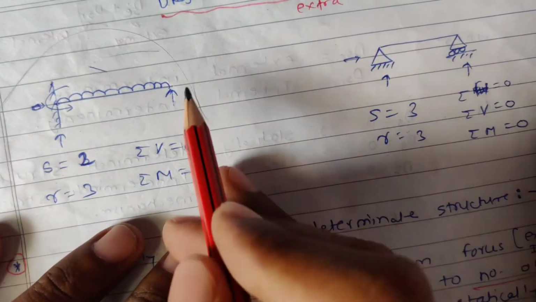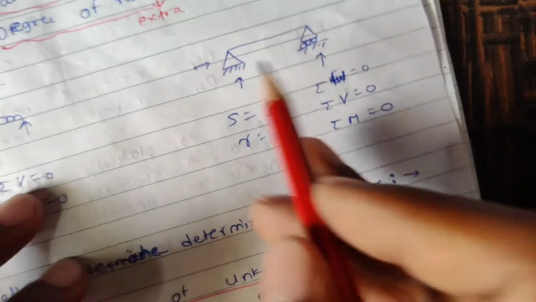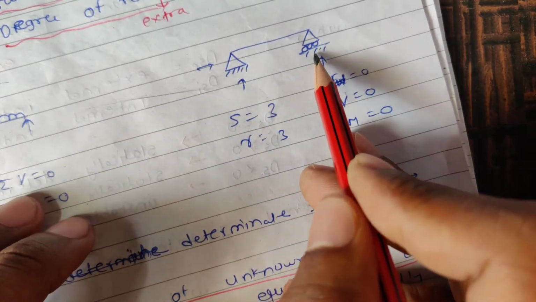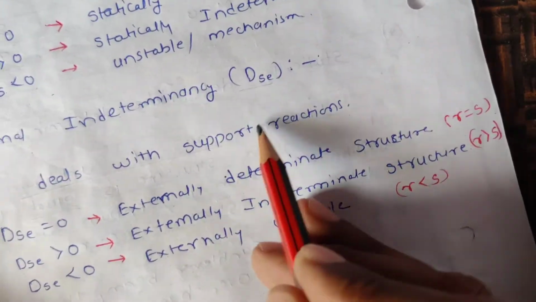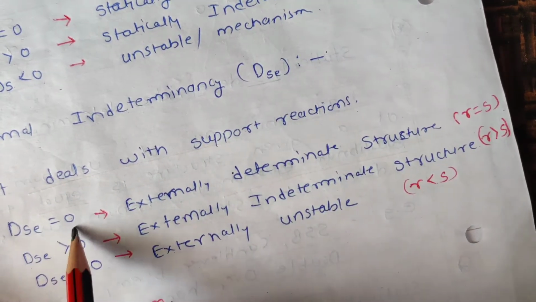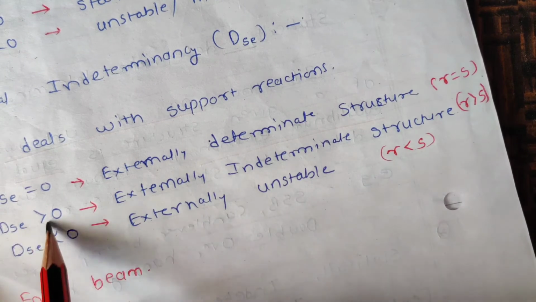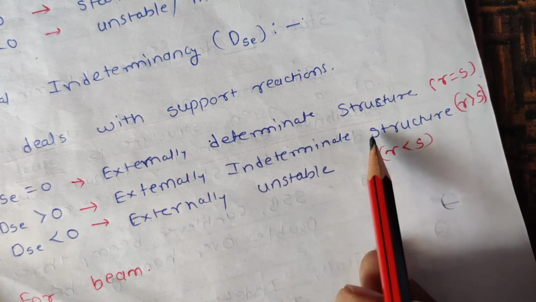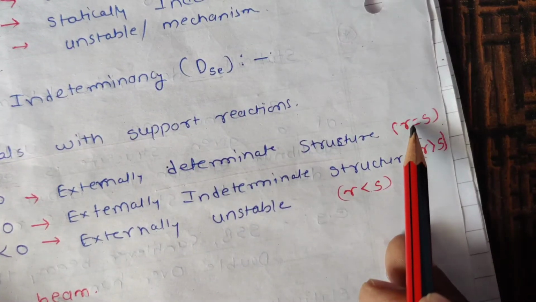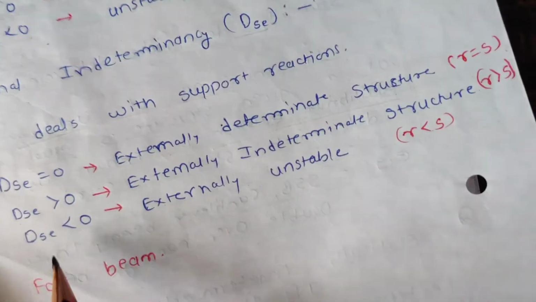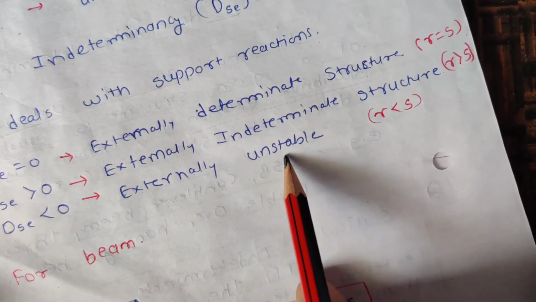Support reaction means this is one support, this is another support. It is the same as before: DS equal to 0 is determinate, greater than 0 is indeterminate, less than 0 is externally unstable.